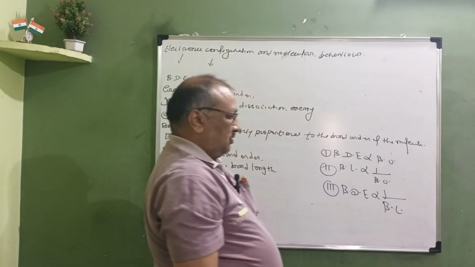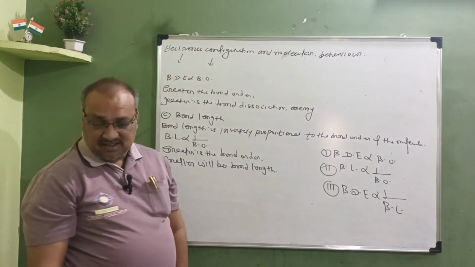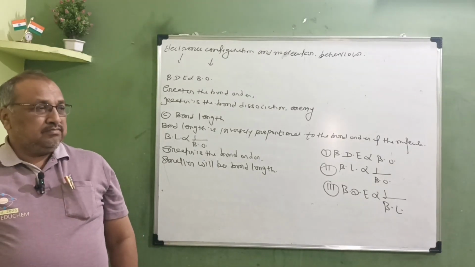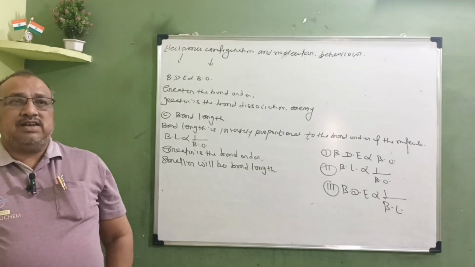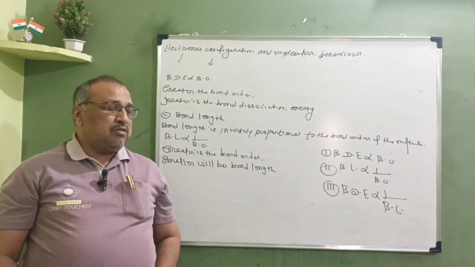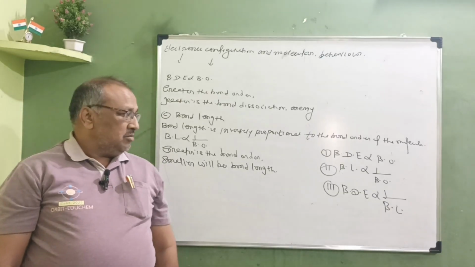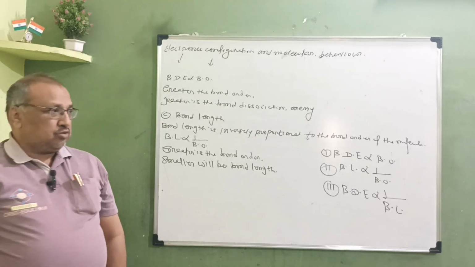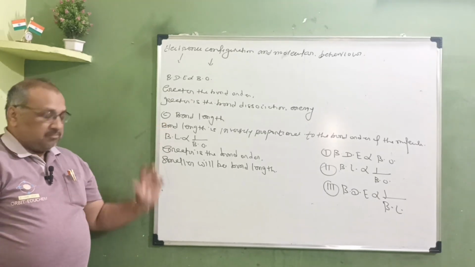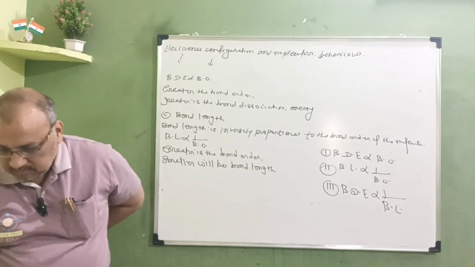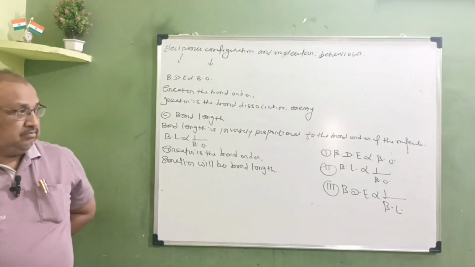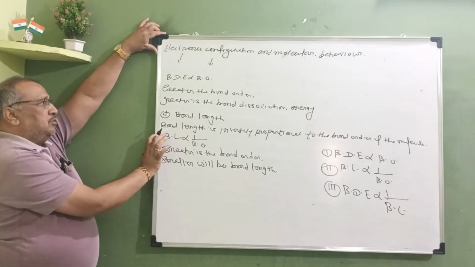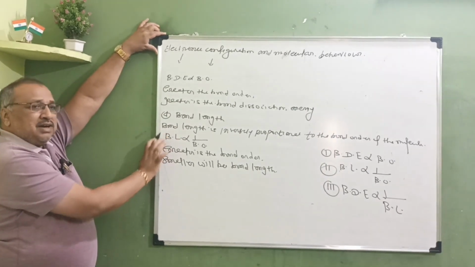Now, these three relations are very important while applying the molecular orbital theory to the various molecules. And these are the four pieces of information provided by the bond order.